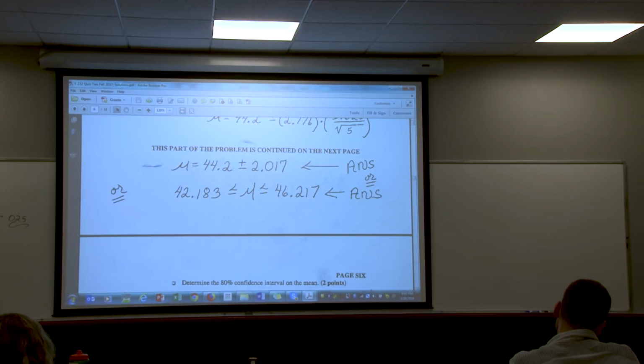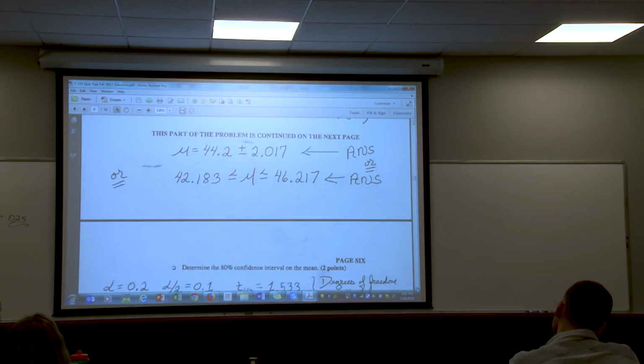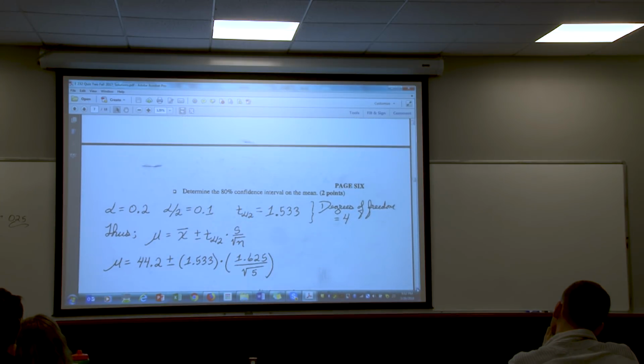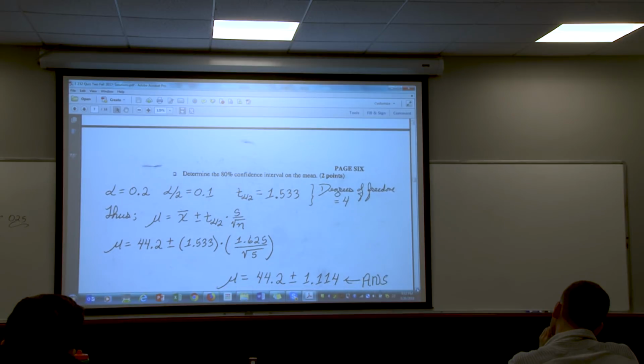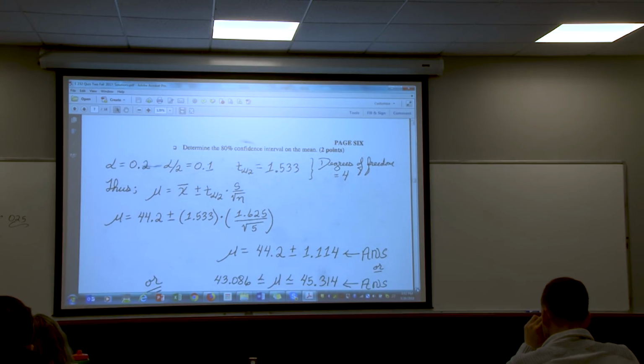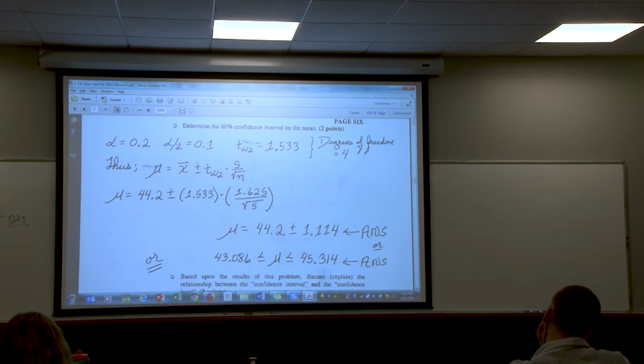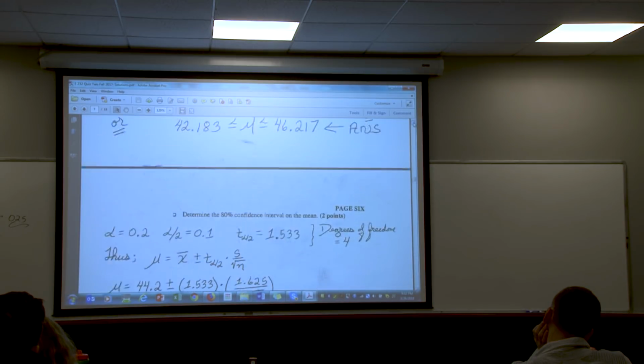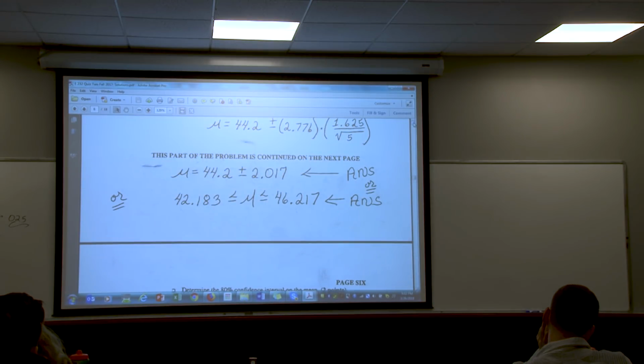So we repeat this process. Get the 80% confidence. All you need to do is look up a different value. And look what we get: 43 to 45. And this is 42 to 46 for 95%. So 95% says we go from 42 to 46.